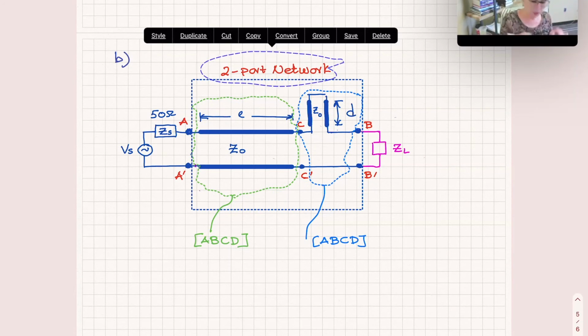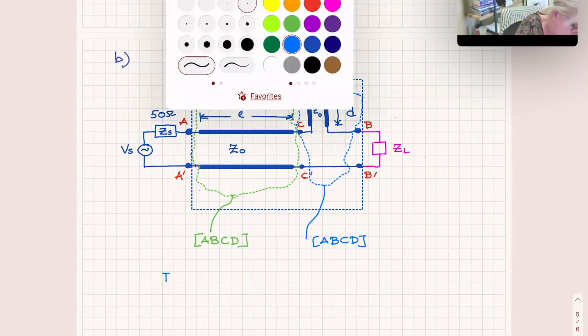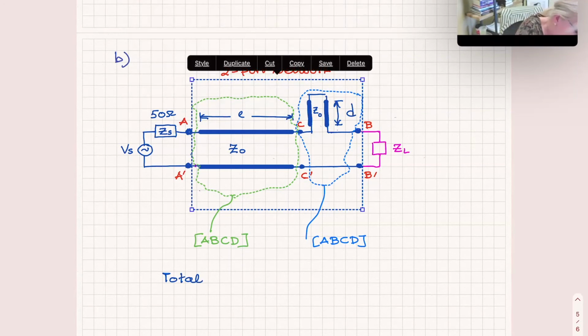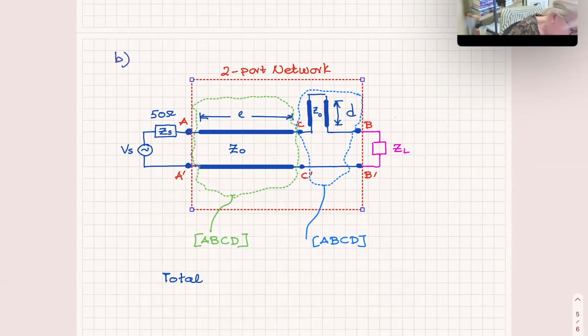Because the networks are connected, the green and the blue, we know that the total... In fact, let me also do the following. Since I have the capability to do that, call that the red network, all right?